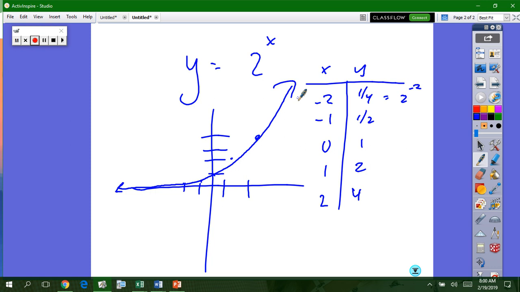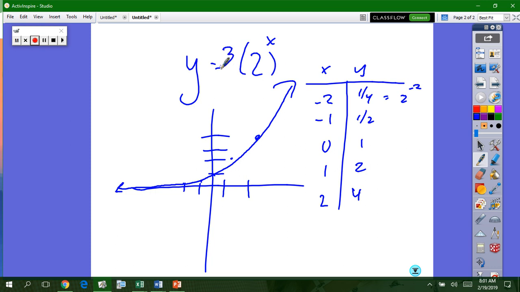Can anybody tell me what will always be my y-intercept if I don't adjust our parent function? What will be our y-intercept every time? There'll always be 1. Because anything raised to the 0 power is what? 1, right? Does that make sense? Now I obviously can adjust that by timesing this by 2 or by 5 or a half, whatever I want to do, by putting a number here, then that adjusts it.